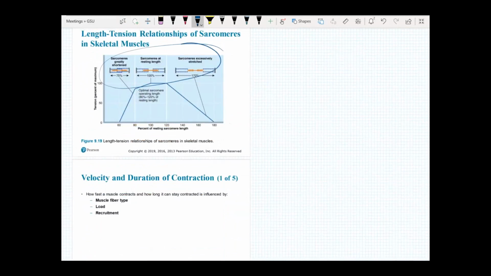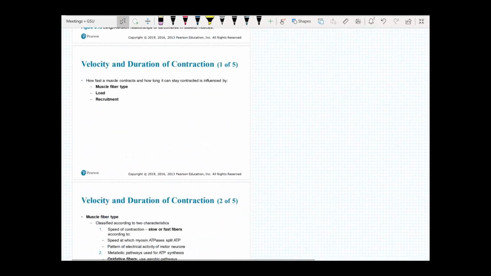Okay, so there's also another thing that will affect your contraction, and that is going to be how fast and how long it stays contracted. So these are going to be 2 concepts called velocity plus duration.